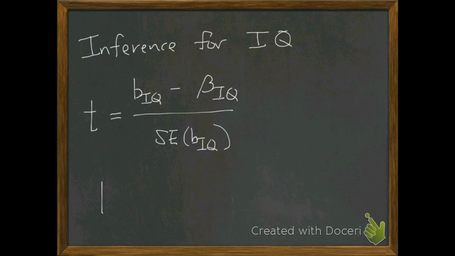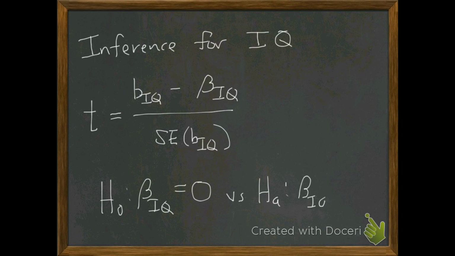And since we are going to be testing here that our beta IQ is equal to 0 versus H sub A, the beta IQ not equal to 0, then we are going to have that equal to 0.